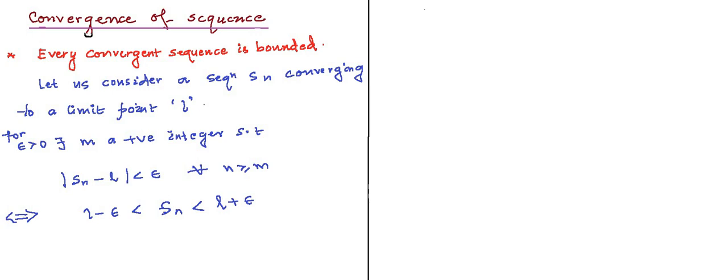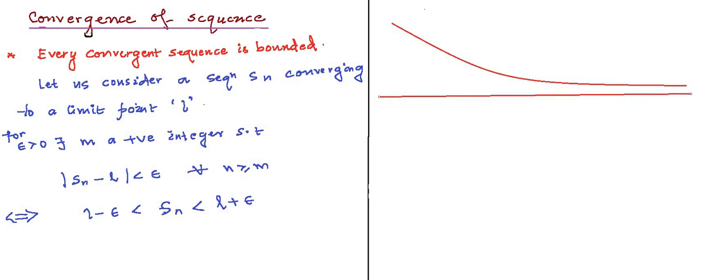Suppose we have S1 somewhere here, for 2 we have S2 somewhere here, for 3 we have S3 here, and in this way S4, and it continues.